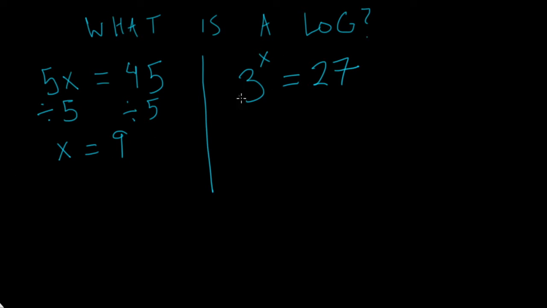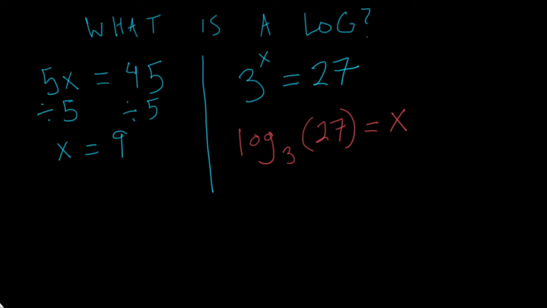So what we do is we actually use a log. So we say log base 3 of 27 is equal to x. So we can understand logs as the opposite operation of a missing exponent.